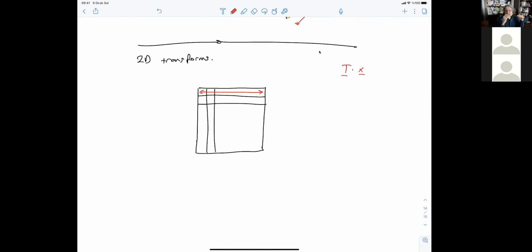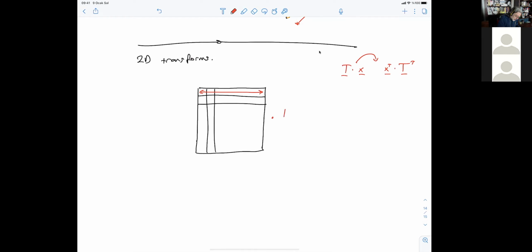And since it's a row vector, how can I process this row? I can process this row by altering the order, by taking the transpose, so it will be X transpose times T transpose. So from this to this is your transformation. Since it's in the form of a row, I have to multiply it from the right-hand side with the transpose of my transform matrix.